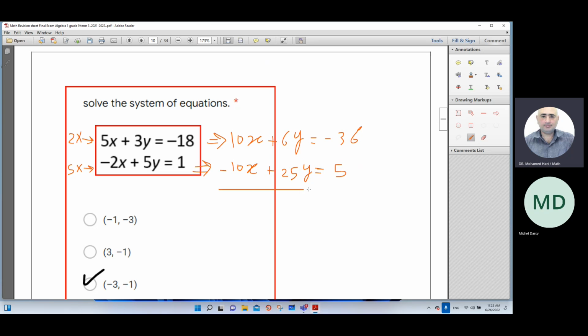Then you can add. As you see here, 10x and -10x will be 0. Then 6y plus 25y will be 31y. And as you see here, we have -36 and +5 will be -31.